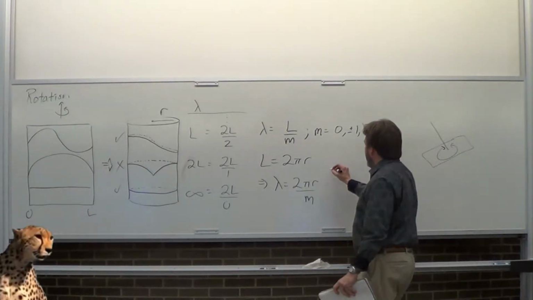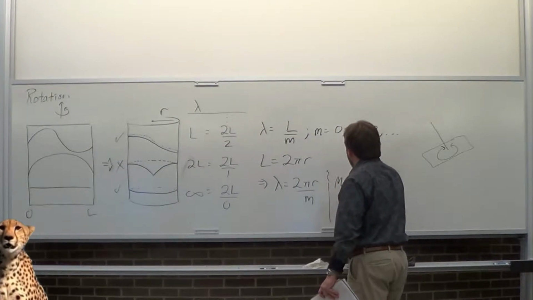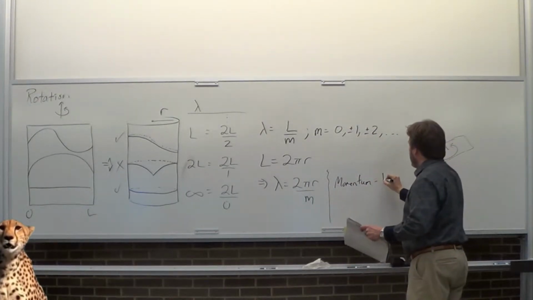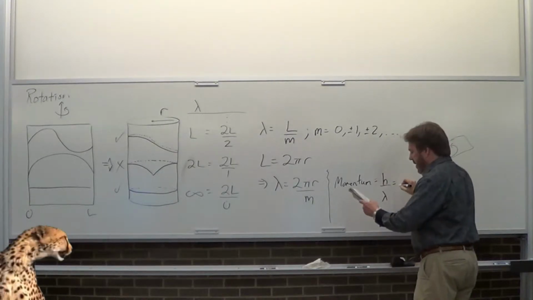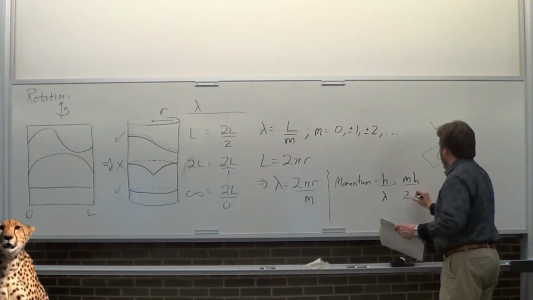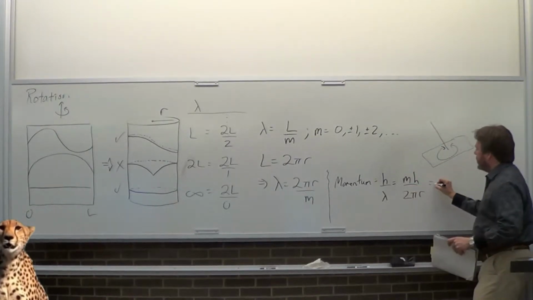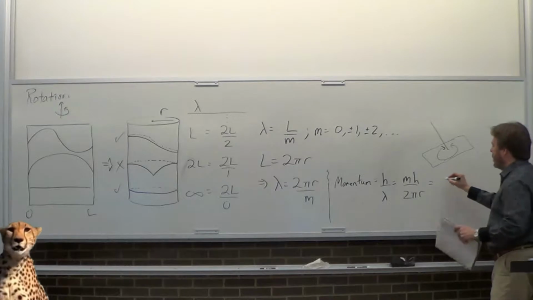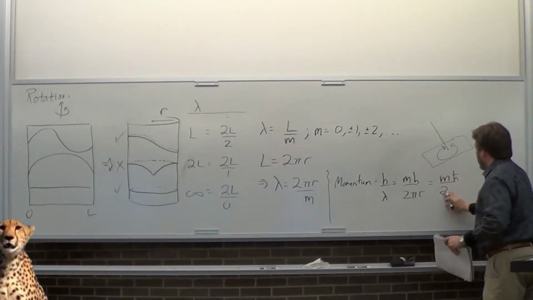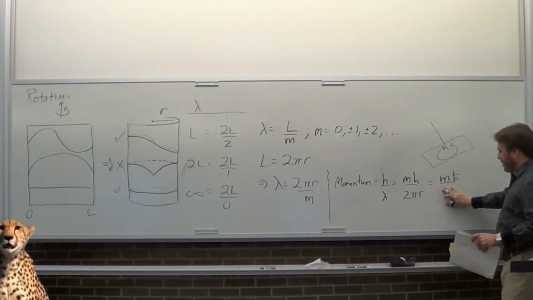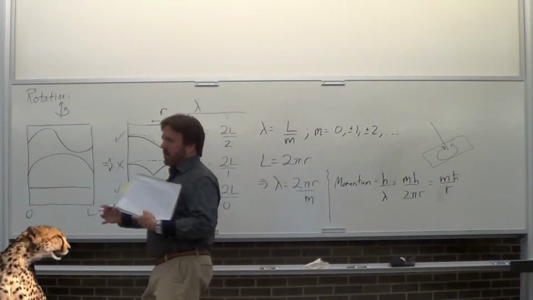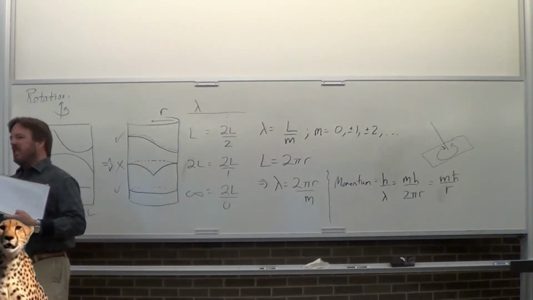Okay, now I've been talking about momentum from the de Broglie relationship, and of course that is h over lambda, and so now I know what that is. That is mh over 2 pi r, and as we see over and over again in quantum mechanics, anytime h shows up, and it always shows up in momentum, a 2 pi is somewhere.